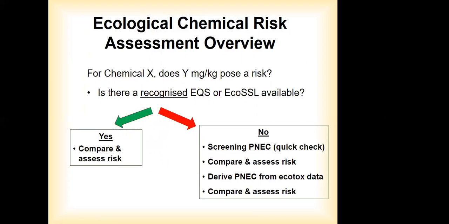The first step is to find out whether there is a recognized environmental quality standard, or EQS, or an eco-SSL, an ecological soil screening level. If there is, then your job is very easy. You can just compare your site measured concentration to that EQS and determine whether there is a risk.